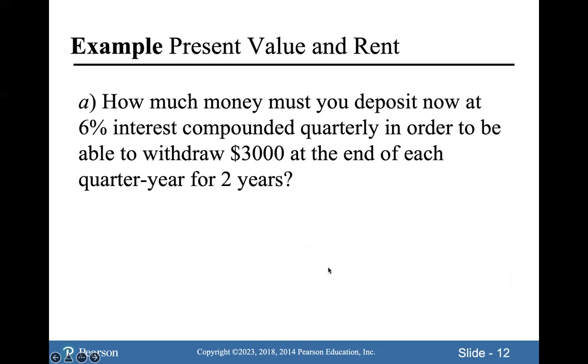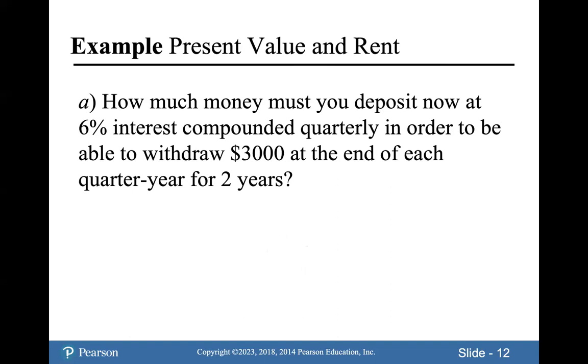All right, so for a couple of examples, how much money must you deposit now at 6% interest compounded quarterly in order to be able to withdraw $3,000 at the end of each quarter year for 2 years?